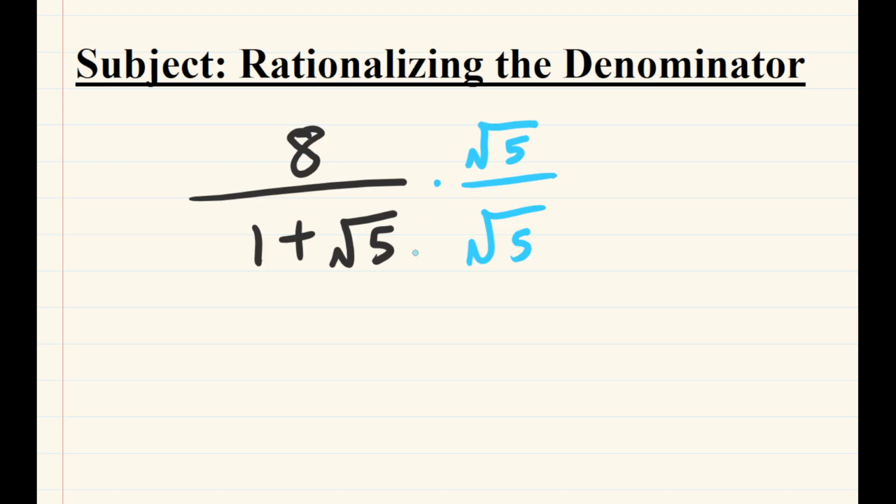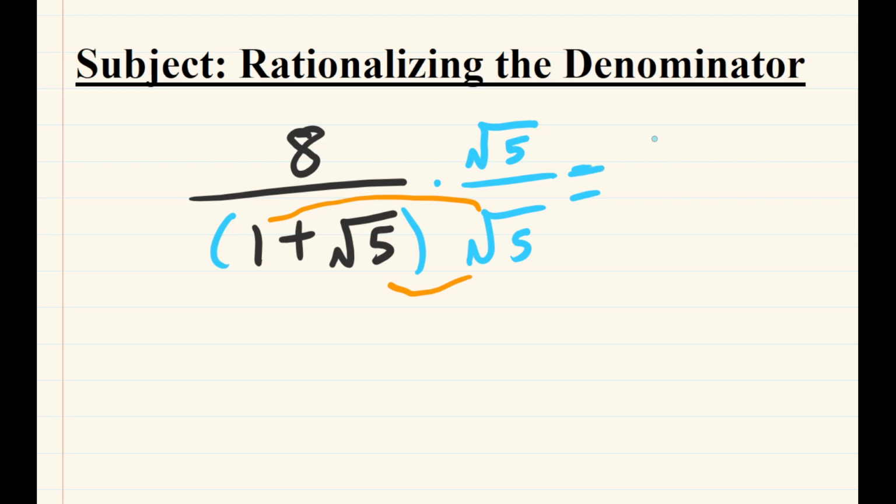Well, the problem is if you do that, there's a parentheses around here, so you'll have to distribute this radical 5. Radical 5 times 1, radical 5 times radical 5.